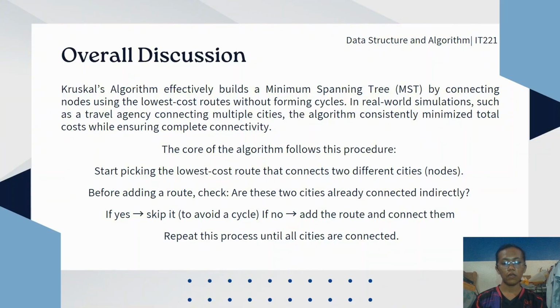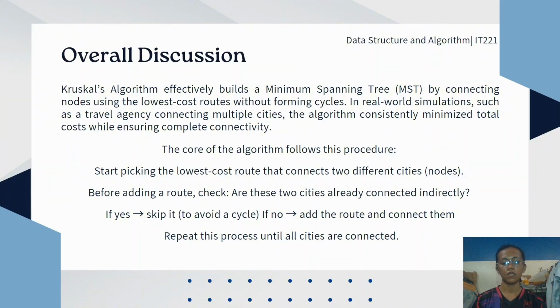Start by picking the lowest cost route that connects two different cities or nodes. Before adding a route, check: are these two cities already connected indirectly? If yes, skip it to avoid a cycle. And if no, then add the route and connect them. Repeat this process until all cities are connected. This approach ensures that the final network includes only the essential connections with no loops or unnecessary expenses.